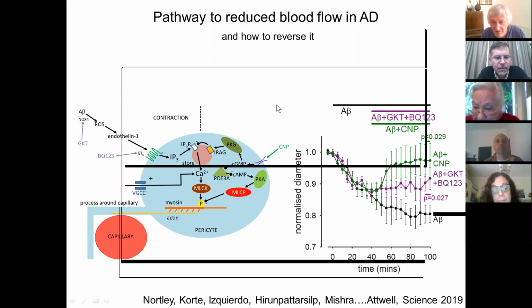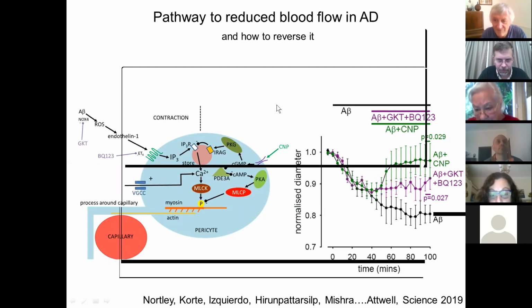But I believe that because the blood flow is the first thing to decrease, and it decreases by 45%, I think that's going to be the main initiating cause of the failure of energy supply. Just for calibration, if your blood supply decreases by 30%, then you stop protein synthesis. So clearly a 45% decrease is going to have a big effect. Thank you.